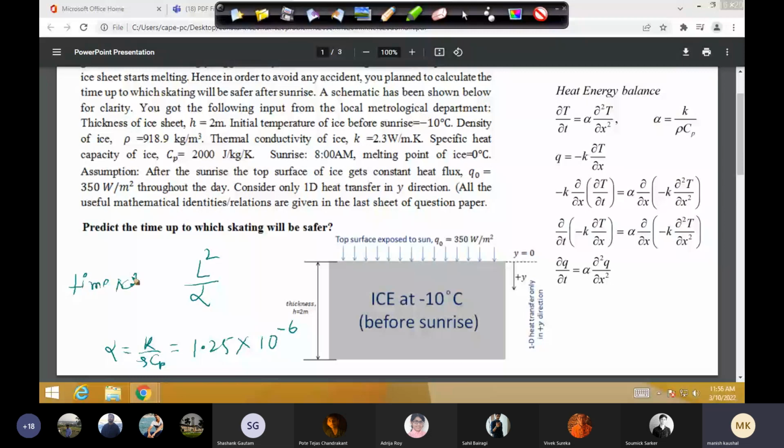Our L is 2 meters. So we can say 4 divided by 1.25 times 10 to the power minus 6, roughly. Forget about this 4 by 1.25. Just say 10 to the power 6 seconds. Just convert it into hours.